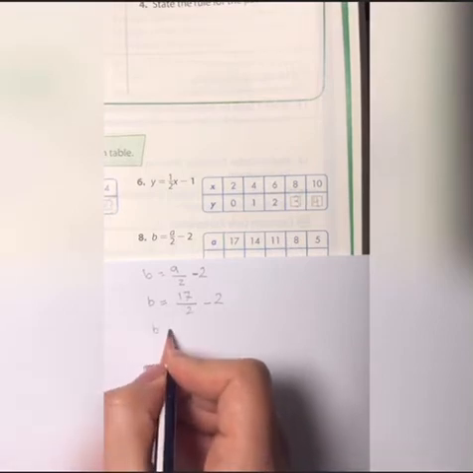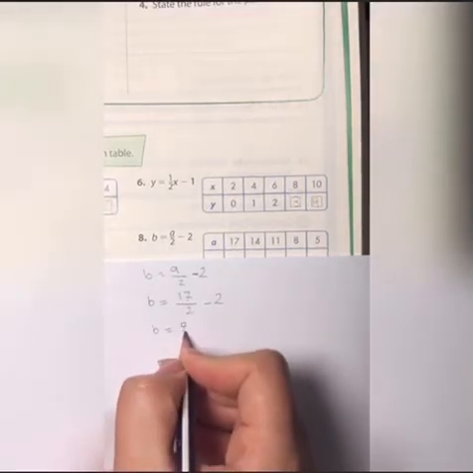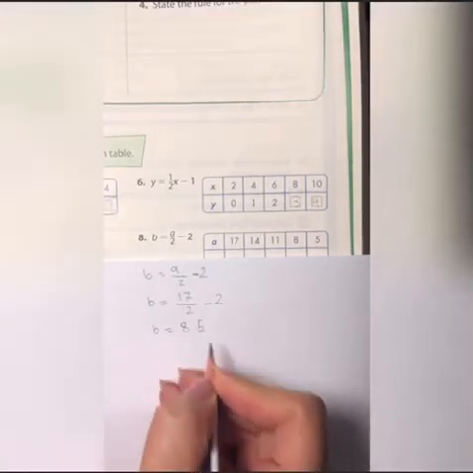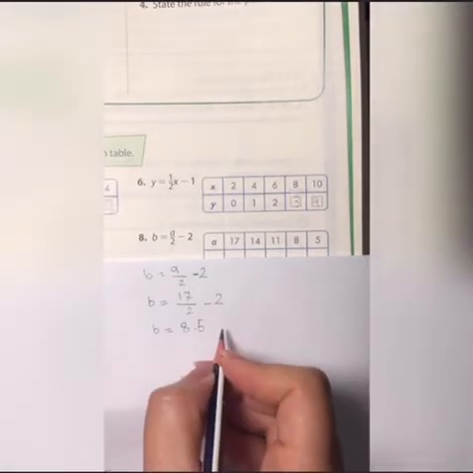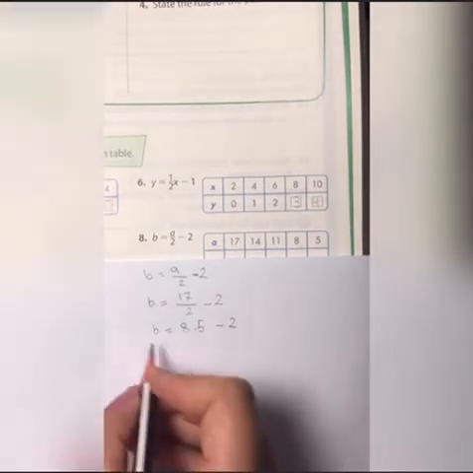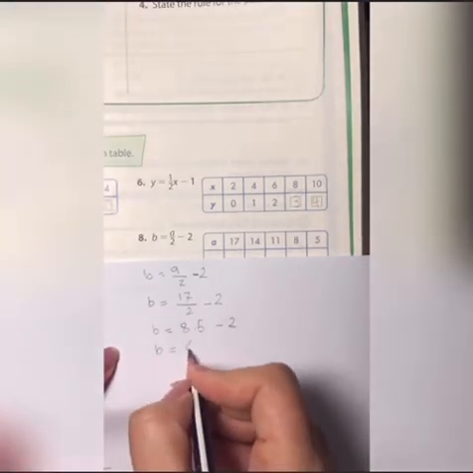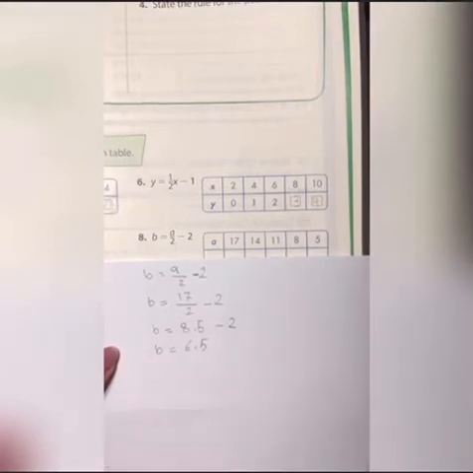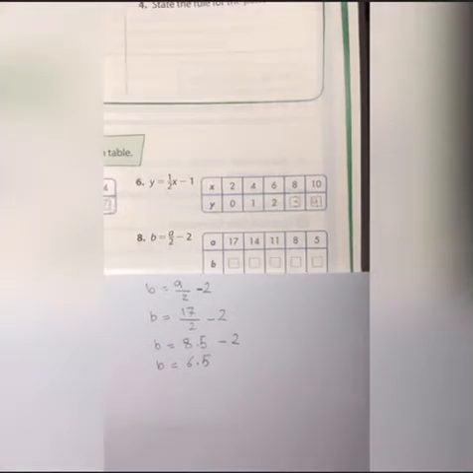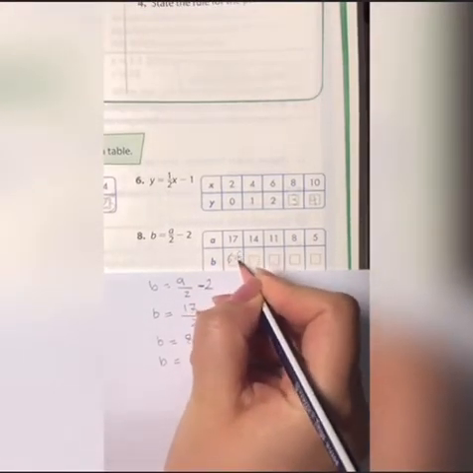B equals 17 divided by 2 equals 8.5, and minus 2, that would be b equals 6.5. Then we would write 6.5.